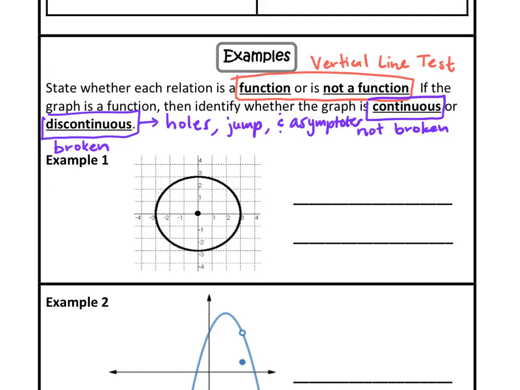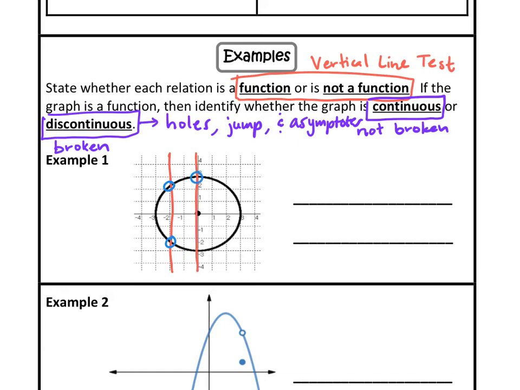So first off, is this a function or not? So let's do the vertical line test. Now the graph that we're looking at is a circle, right? And so what happens if I do draw a vertical line? Well, how many times does it hit the graph? I count 1, 2 times that it hits. Is that true for every vertical line that I draw?